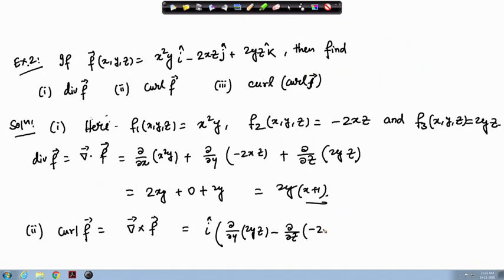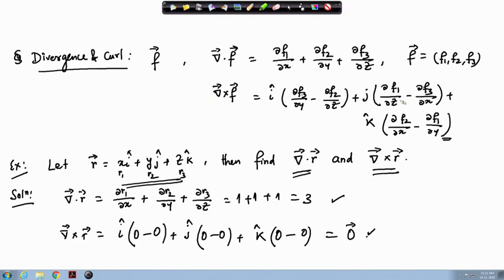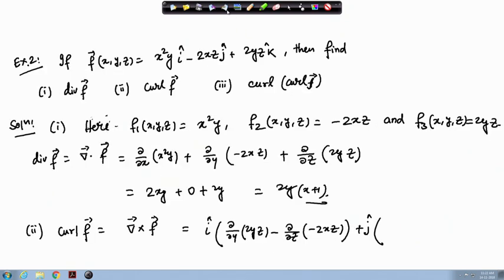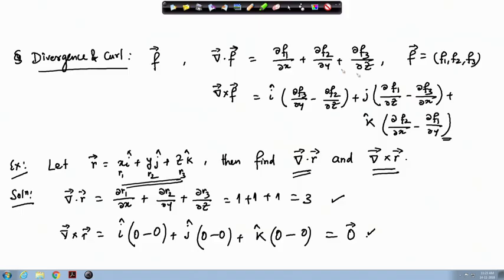f2 is minus of 2 x z, plus j times, we have del f1 del z, so del z of f1, which is x square y, minus del x of f3.